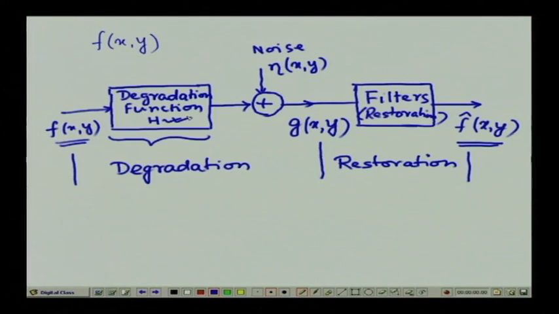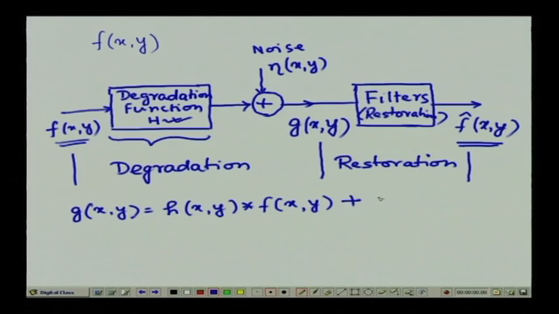And we will see in a short while that the conversion from f(x,y) to g(x,y) can be represented in the spatial domain as g(x,y) = h(x,y) convolution f(x,y) plus the noise eta(x,y).